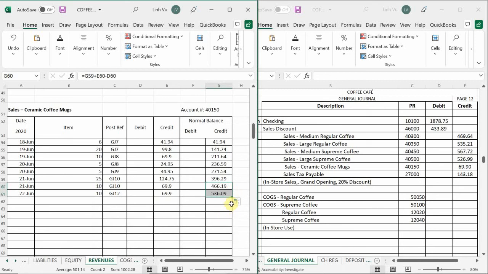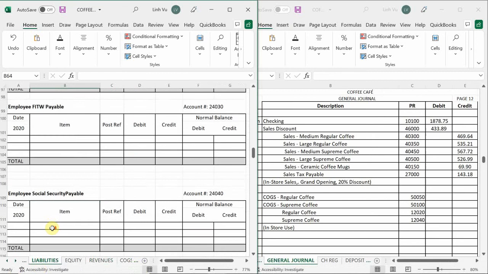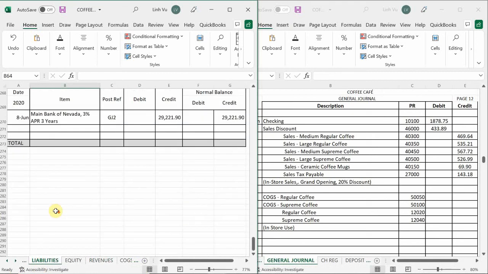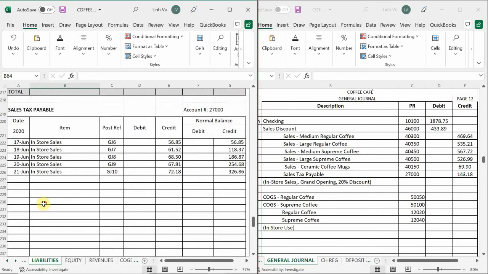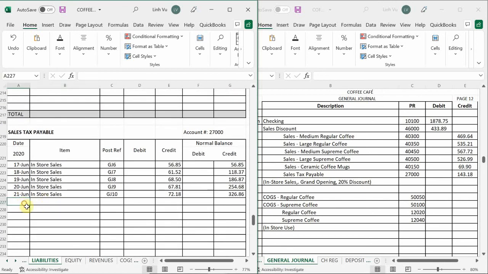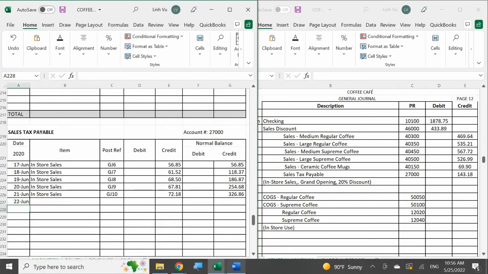Okay. And last but not least, I also collected sales tax, so I gotta go to my liabilities because I'm collecting this money for the state and local government. Okay, here we go. In this case, I charged sales tax because I had in-store sales.